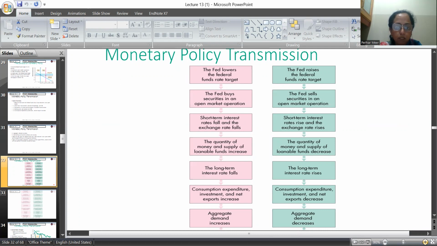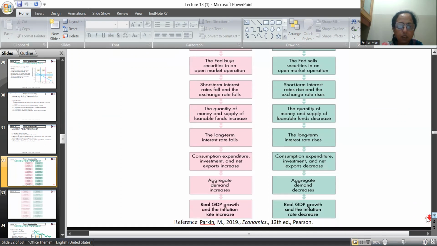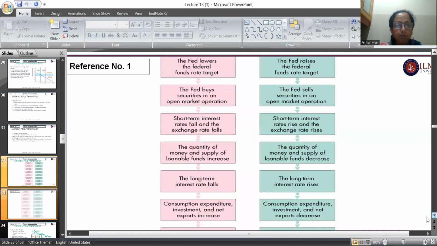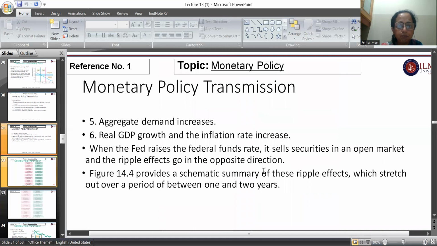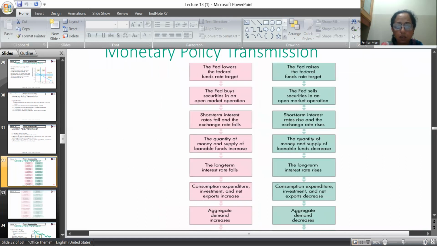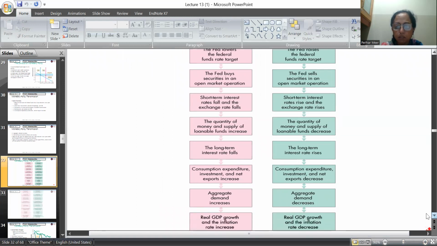Consumption expenditure, investment, and net exports increase. Consumption expenditure, investment, and net exports decrease. Aggregate demand increases and aggregate demand decreases.